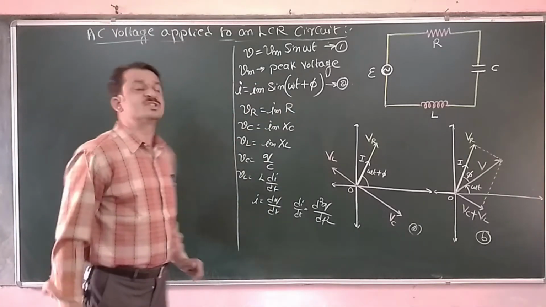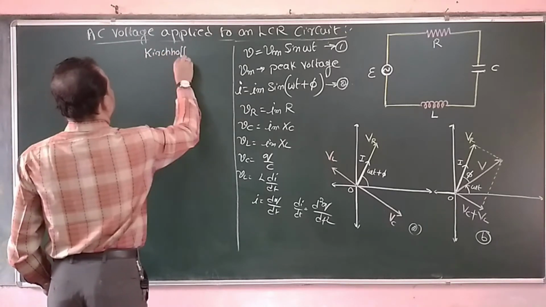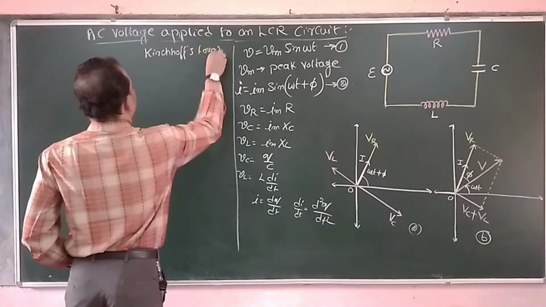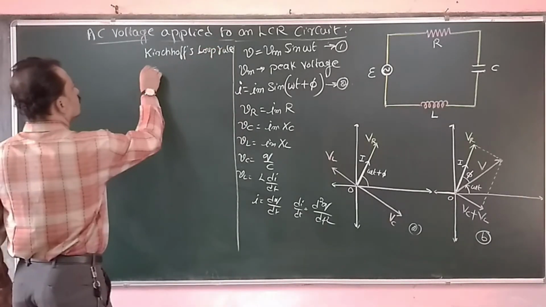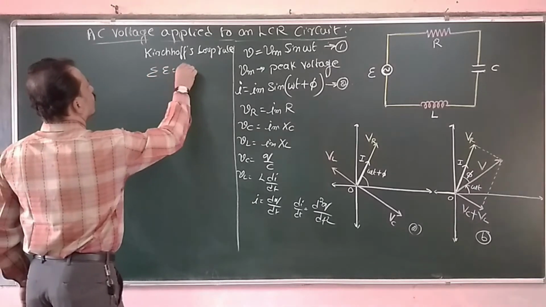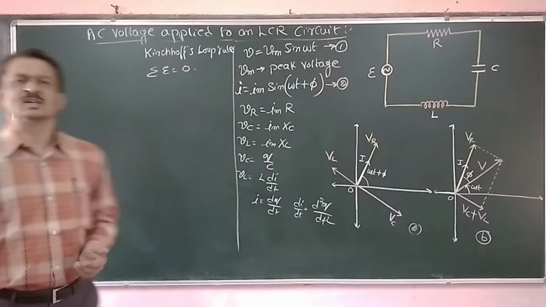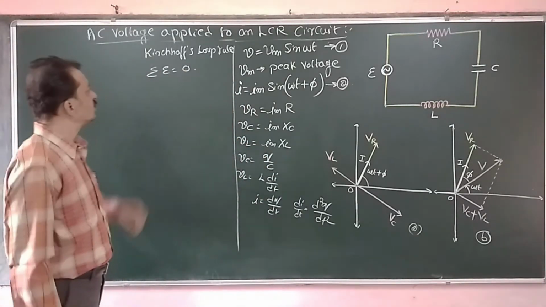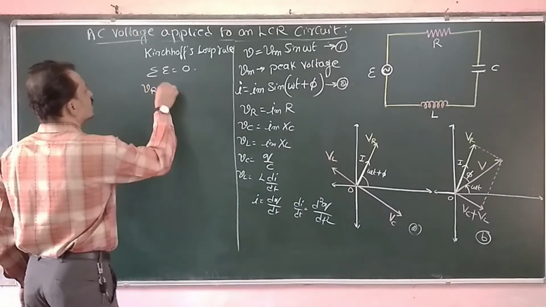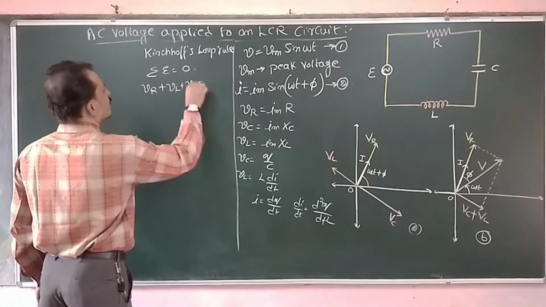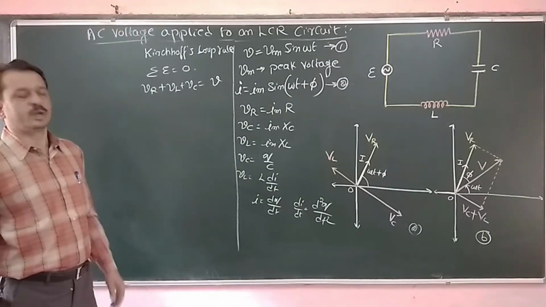Now with these notations, by applying Kirchhoff's loop rule, the algebraic sum of the voltages and variation in IR drops in a circuit is 0, that we have studied. So the voltage drops across the resistor, inductor and capacitor should equal the applied voltage.